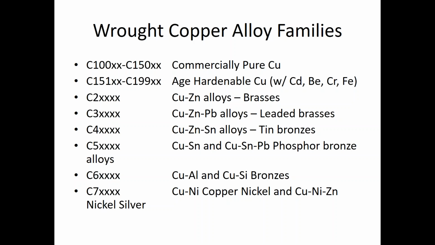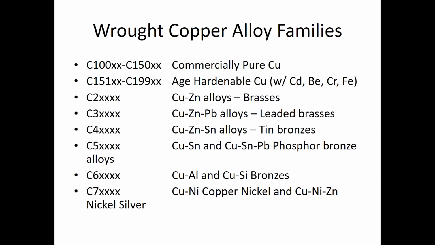Ancient bronzes from Rome and Greece and so forth are tin bronzes. And you have some upper levels in that numbering area called tin bronzes with lead or phosphorus or others. And you have the 6s, you have copper aluminum and copper silicon bronzes, different series of alloys.